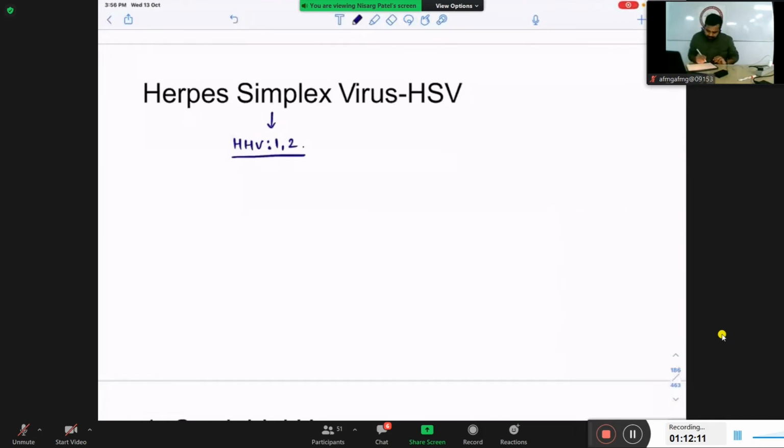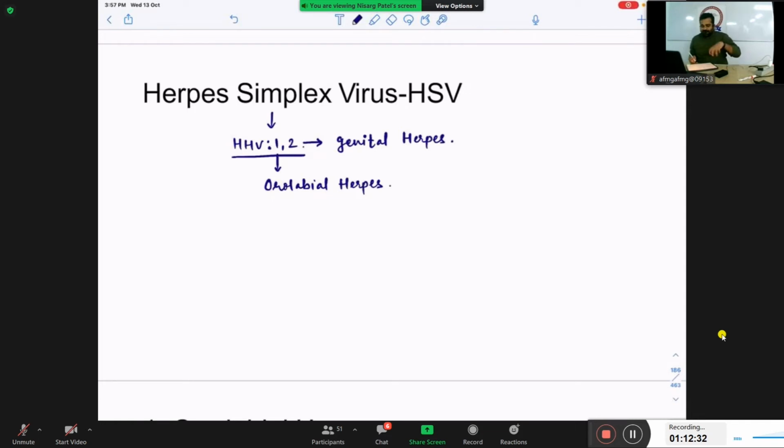HHV-1 causes orolabial herpes. HHV-2 causes genital herpes.